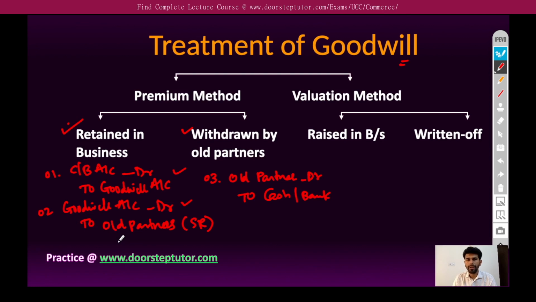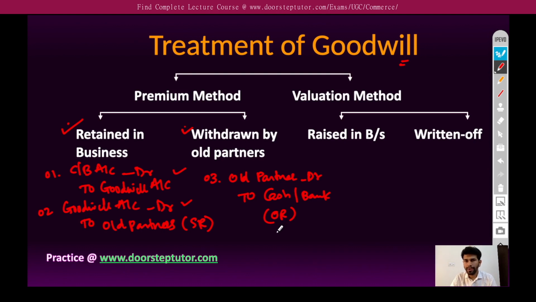And if the amount is withdrawn by old partners, then along with these two entries, one more entry will be old partners capital account or current account debit to cash or bank account, and it will be distributed in old ratio.